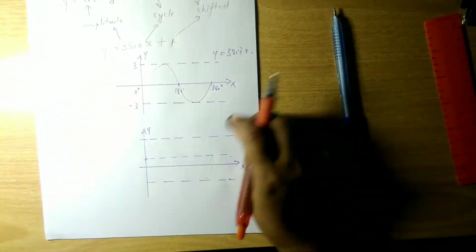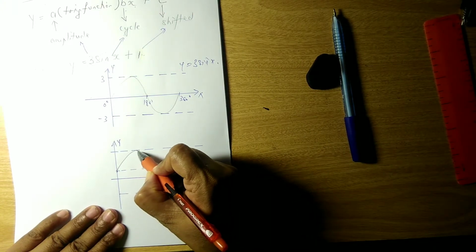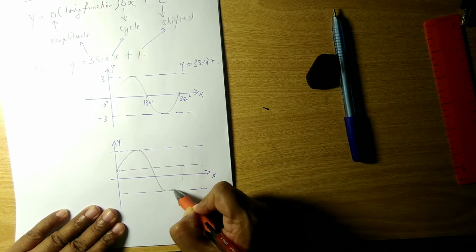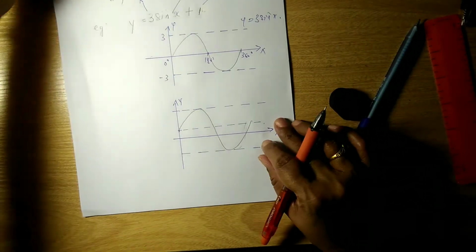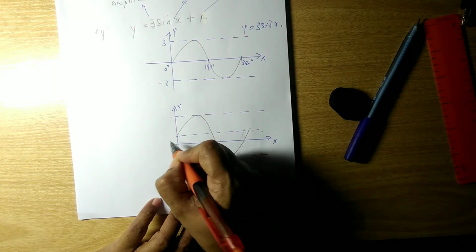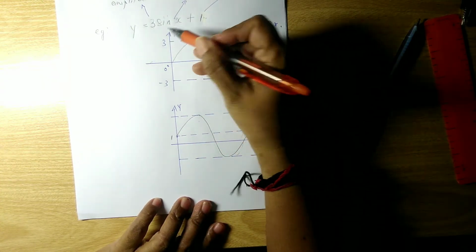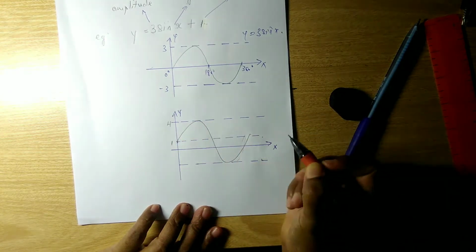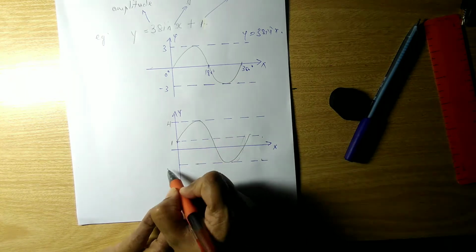Roughly that's how it looks like. From 0, it moves up to 1. 3 also moves up, so this becomes 4. Negative 3 moves up 1, so this is negative 2.